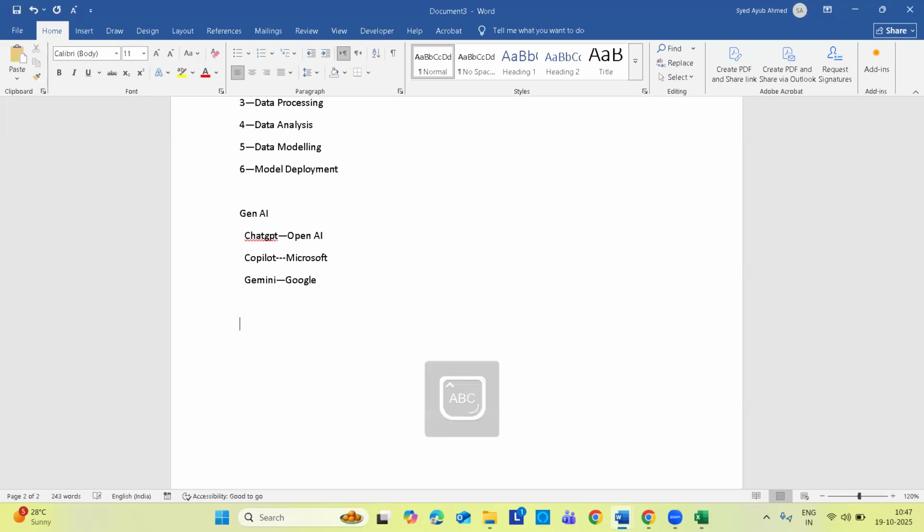So I'll just divide like this: AI will be there, then ML, in ML you will have DL as well. You guys have to attend three to four demos to understand all the things. This is just the starting one. And inside DL, again, you'll have Gen AI and Agentic AI as well.